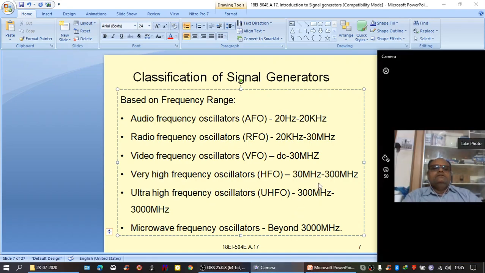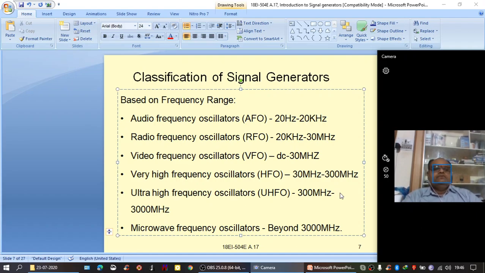HFOs. The range of frequencies generated is 30 megahertz to 300 megahertz. Ultra high frequency oscillators, referred to as UHFOs.